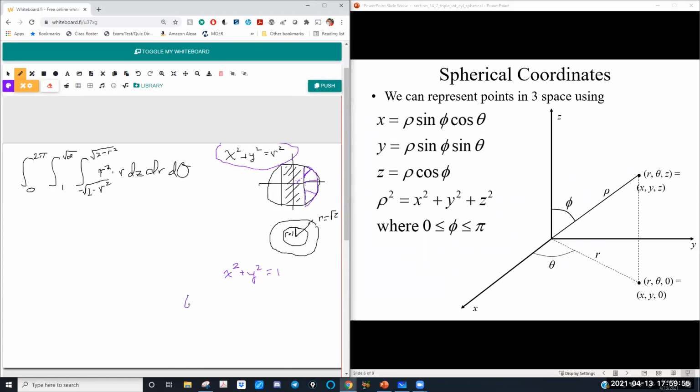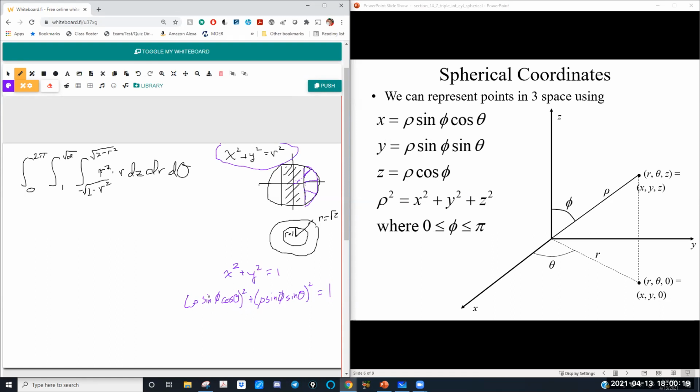So x is going to be rho sine phi cosine theta, squared, plus rho sine phi sine theta, squared, equals 1.